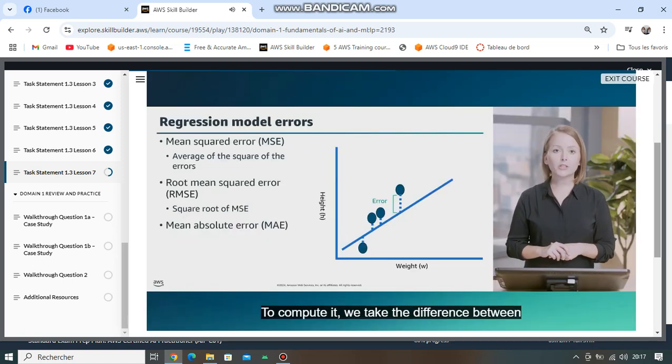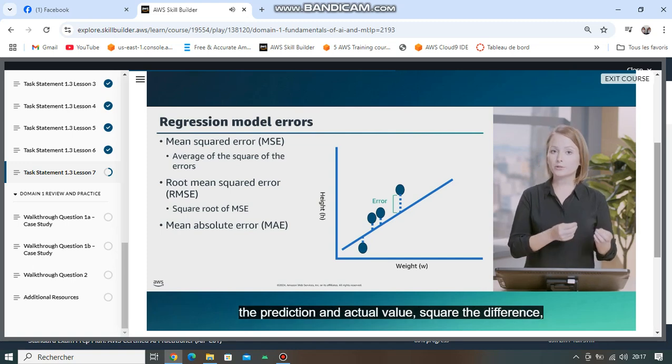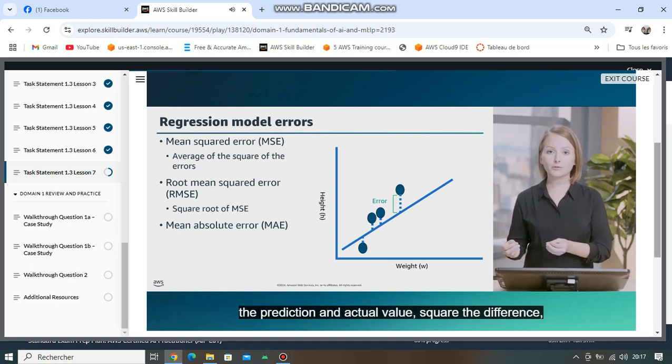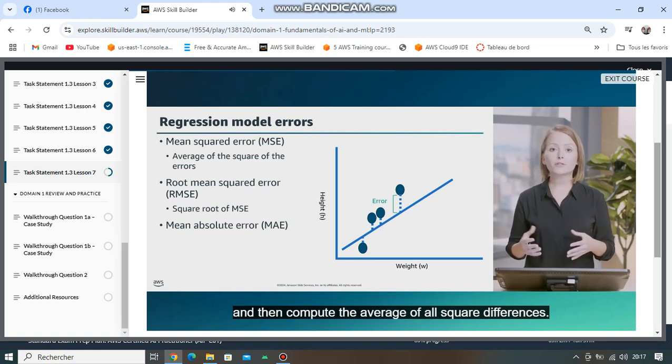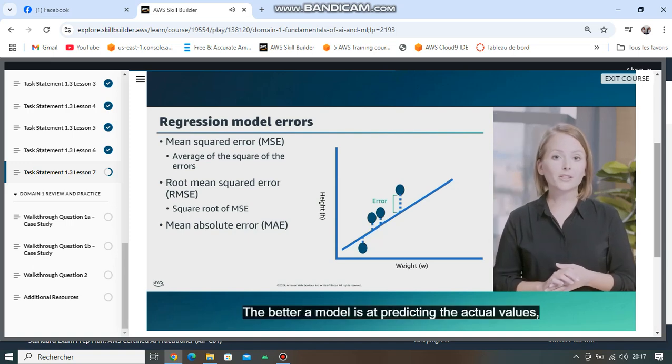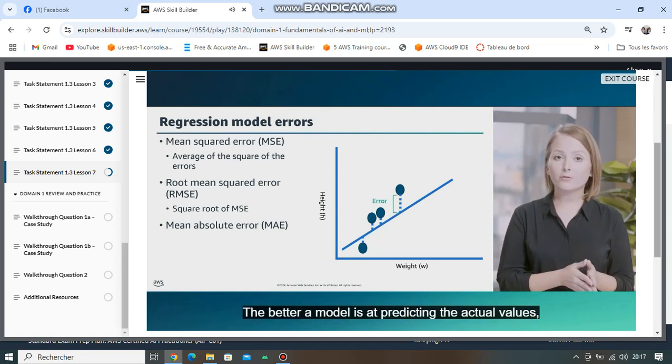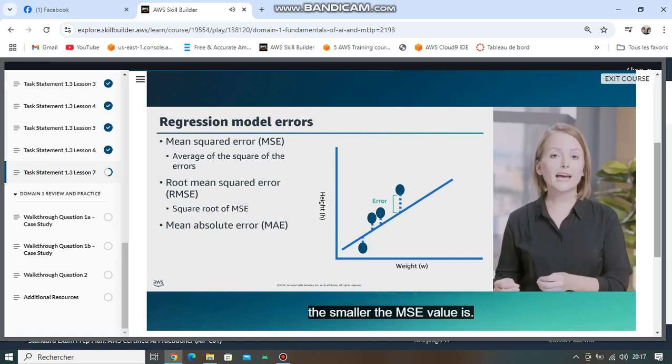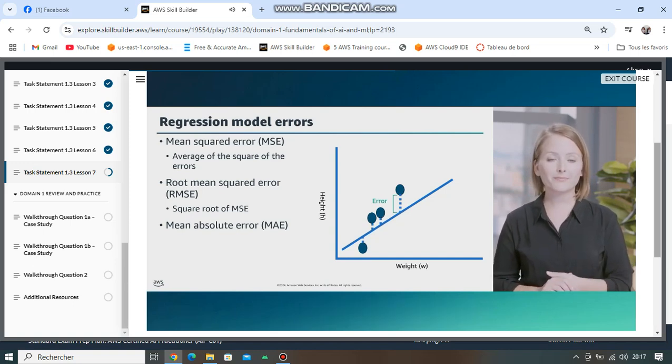To compute it, we take the difference between the prediction and actual value, square that difference, and then compute the average of all squared differences. MSE values are always positive. The better a model is at predicting the actual values, the smaller the MSE value is.